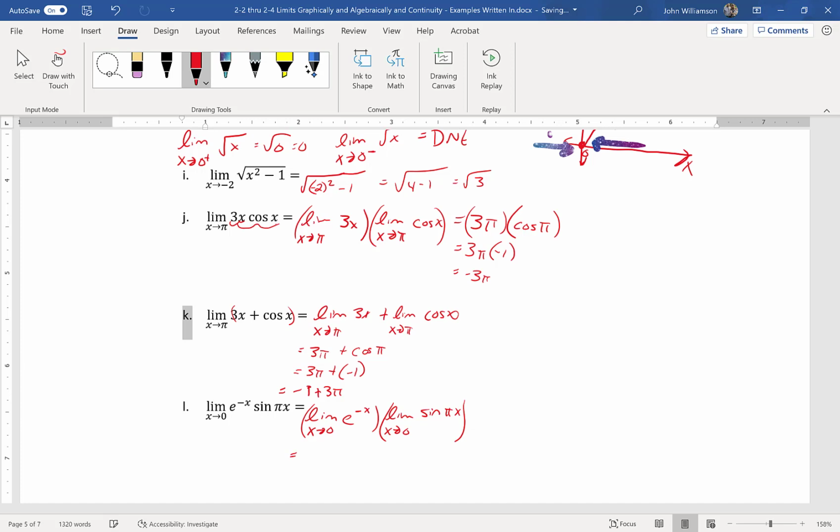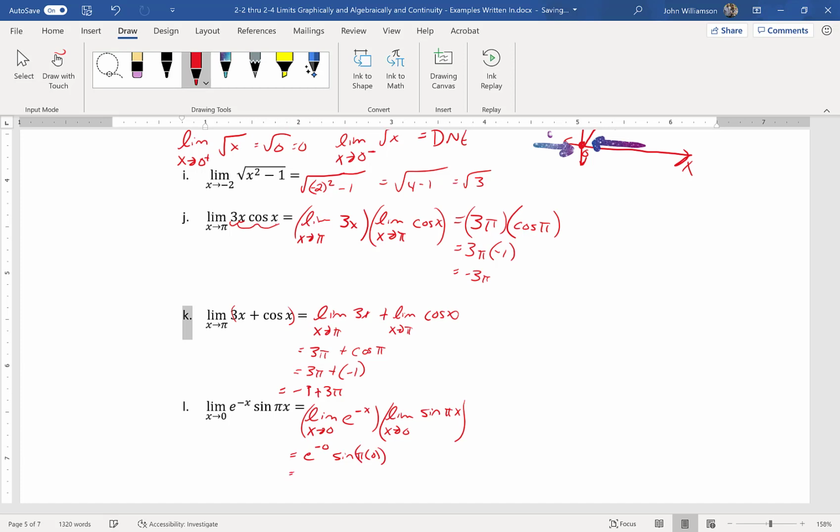And so when we go to evaluate this, think about direct substitution again for exponential and trigonometric functions. As long as it's in the domain, then we can direct substitute. So in this case, 0 is in the domain of both e to the negative x and sine pi x. So we can direct substitute. So this becomes e to the negative 0 times sine of pi times 0.